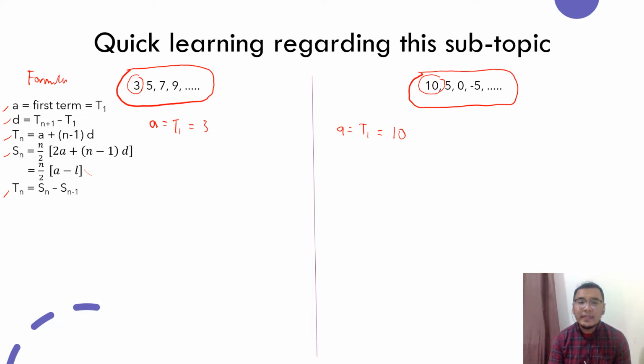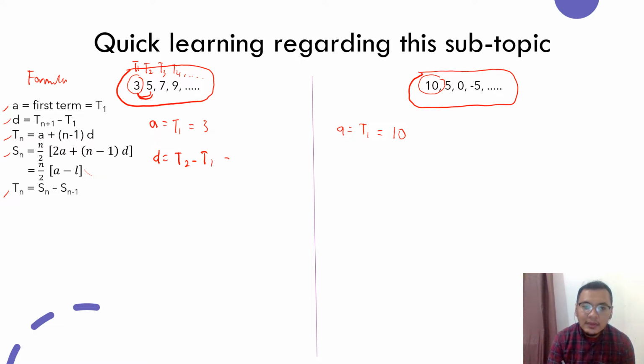The second one is d. What is the meaning of d? d means common difference, which is the difference between two numbers. For example, here we have 3 as T1, 5 as T2, then T3, T4, and many more. What is the common difference between T2 and T1? d is T2 minus T1.